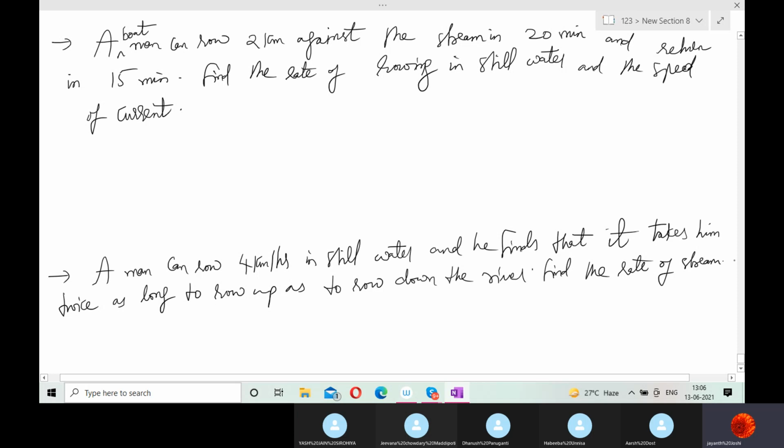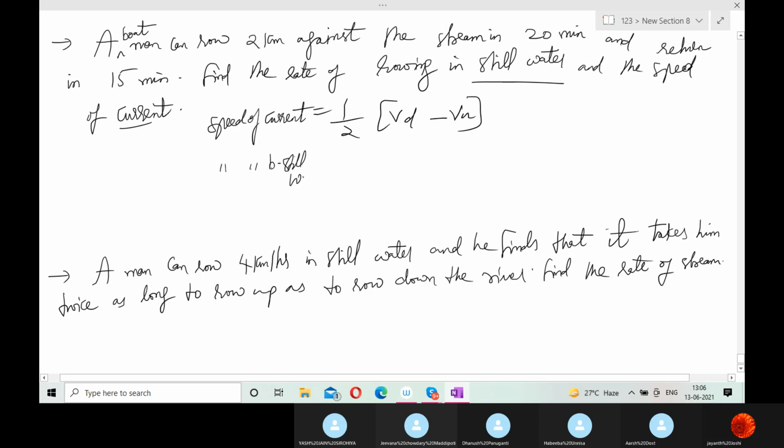Okay, let me solve this too. See, what did they ask you? Find the rate of rowing in still water and the speed of the current. As you know very well, the speed of the current is half (Vd minus Vu), correct? And the speed of the boat in still water is equal to half (Vd plus Vu). Very simple, we just need to put the values here.